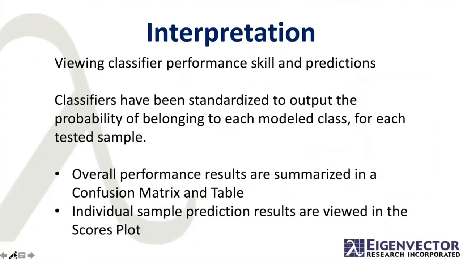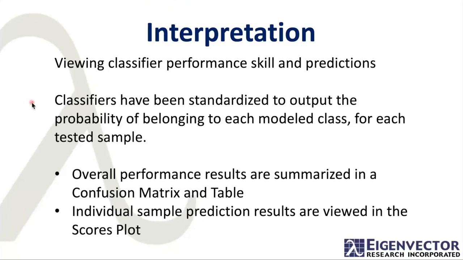Thanks. So the thing with classification is that often you have multiple classes, and it's not quite as easy as with regression problems, where we have the root mean square error of prediction or cross validation, which is a very concise and convenient measure of how well the regression model is behaving. With classification, samples will be assigned to classes.